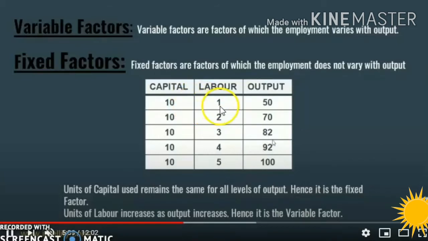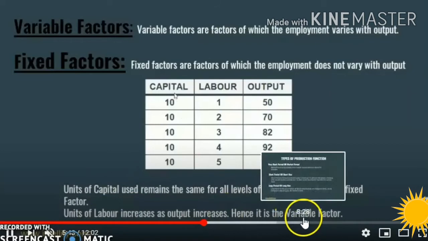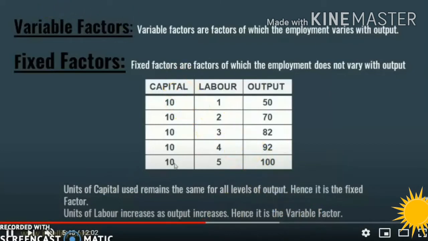With one labor, a certain number of products can be produced, and with two labor the output is 70. As labor increases, production also increases, but only up to a certain level, after which it diminishes. Units of capital used remain the same for all levels of output, hence it is the fixed factor. Units of labor increase as output increases, hence it is a variable factor. So that's the table.